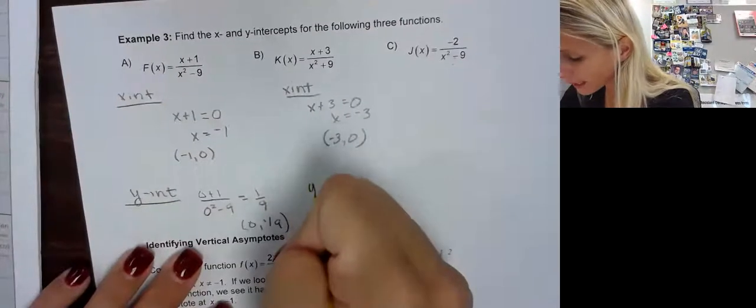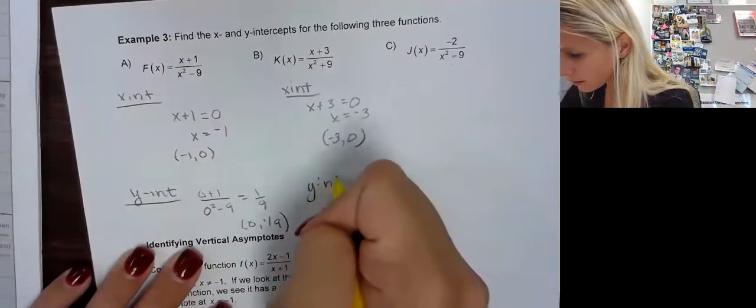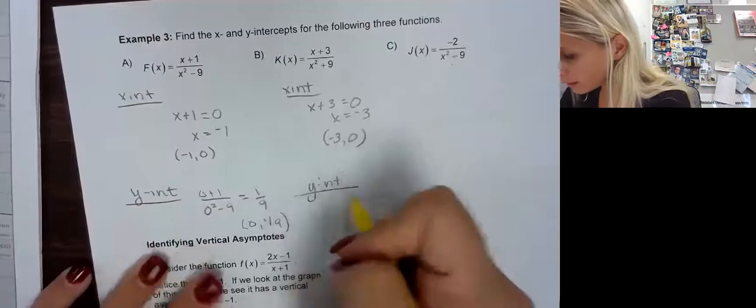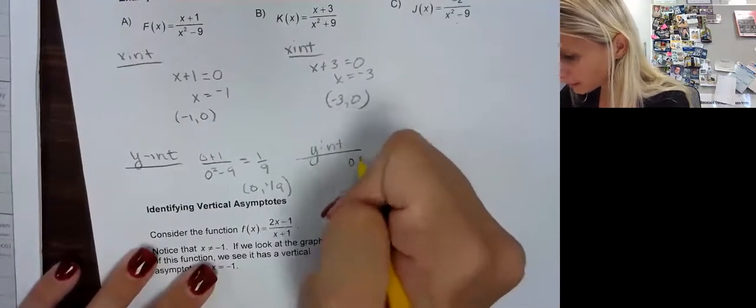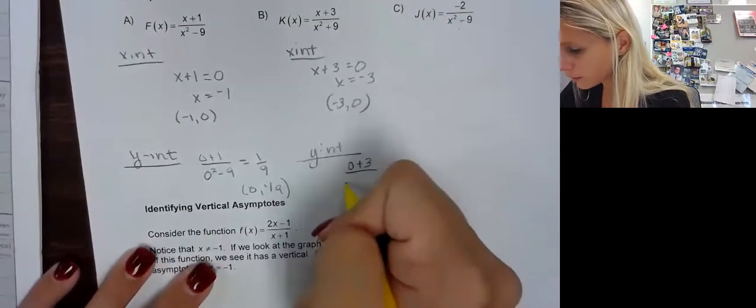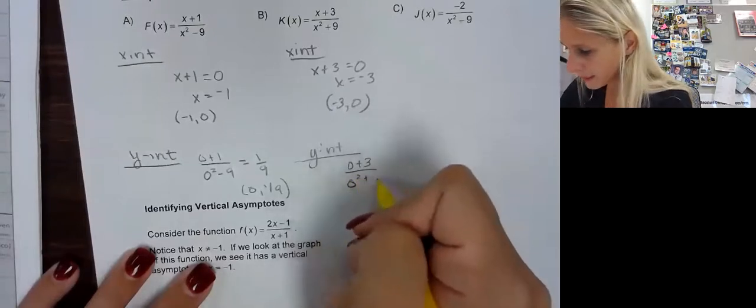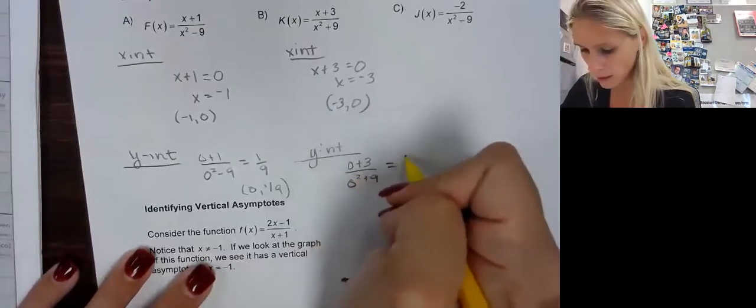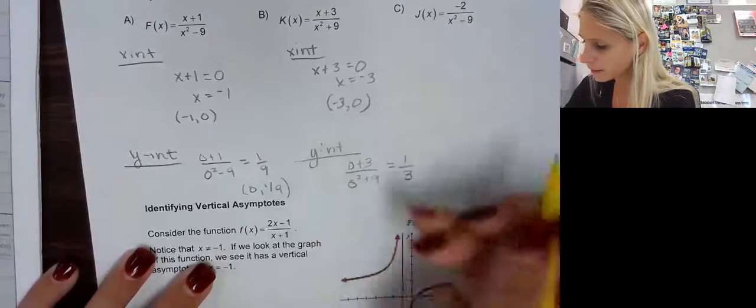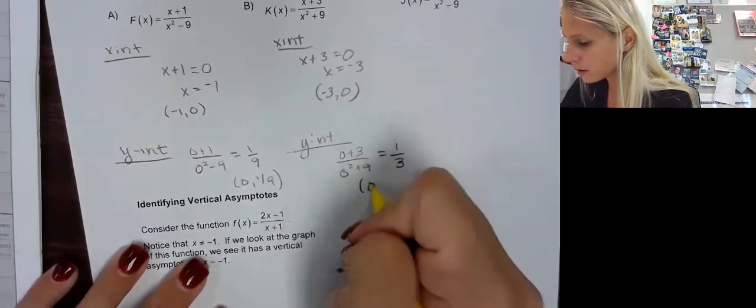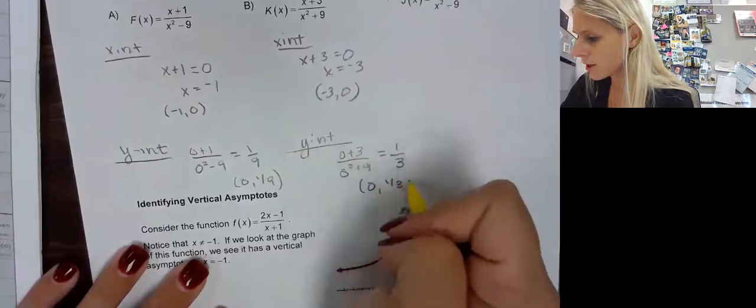Our y-intercept, we have to plug in 0, so 0 plus 3 all over 0 squared plus 9, and we get 1/3. So we've got 0, 1/3.